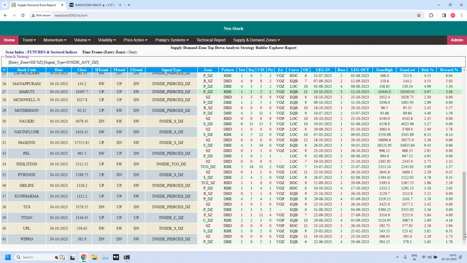So total 41 stocks are closed inside the daily demand zone. So let's go back.